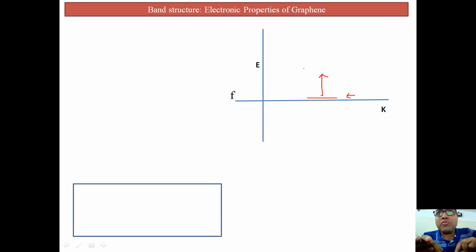So this is one energy level, which we write as epsilon plus K. Or if you go by subtracting, that is also far away from F, epsilon minus K. The moment you add plus K or minus K, you are always going out of the region very close to my Fermi position.